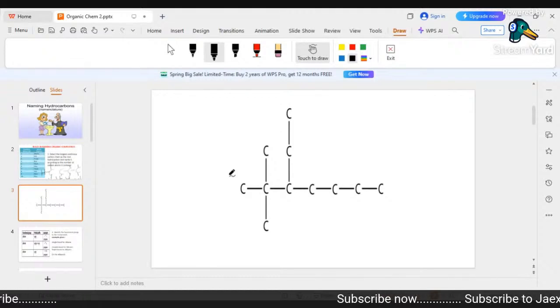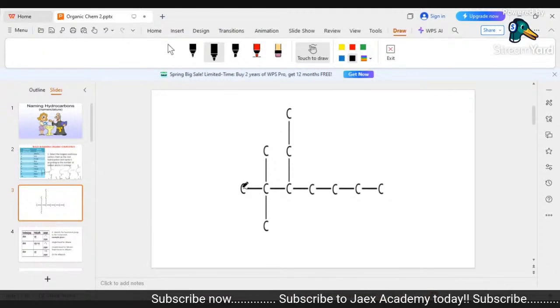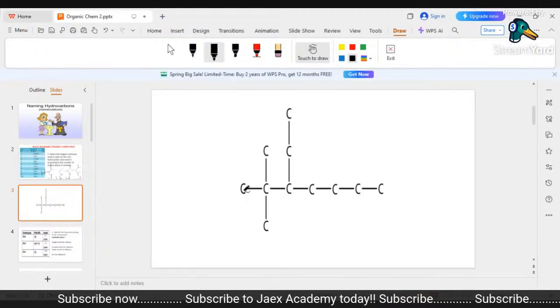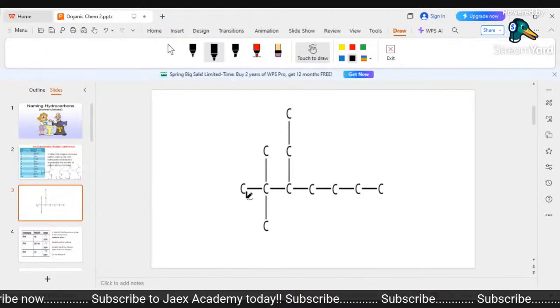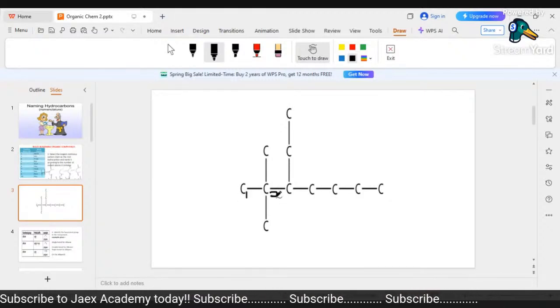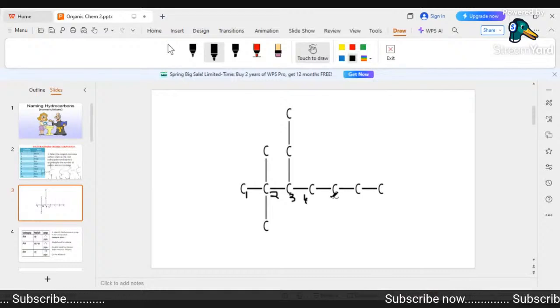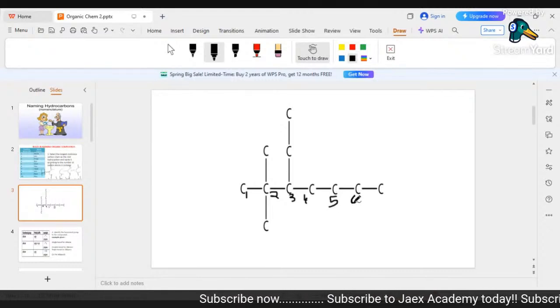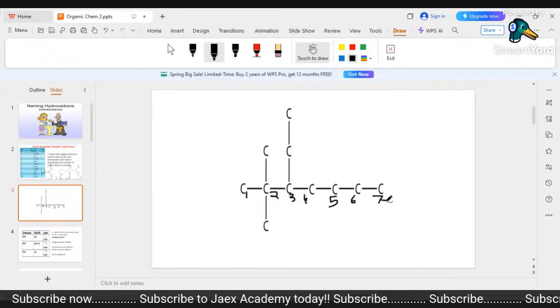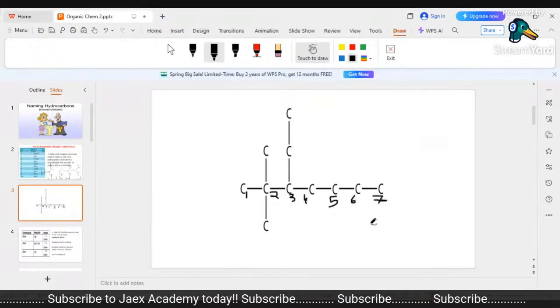We want to look for the longest, so let's count. This is 1, 2, 3, 4, 5, 6, and this is 7.